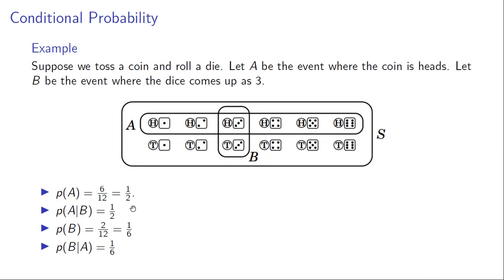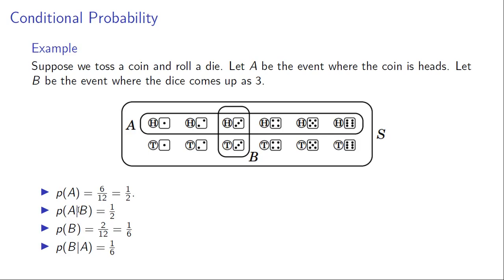Notice that in this example, the probability of A is equal to the probability of A given B, and also the probability of B is equal to the probability of B given A. In other words, the probability of A is 1/2, and the probability of A given B is also 1/2, meaning adding this piece of information didn't change our calculations.